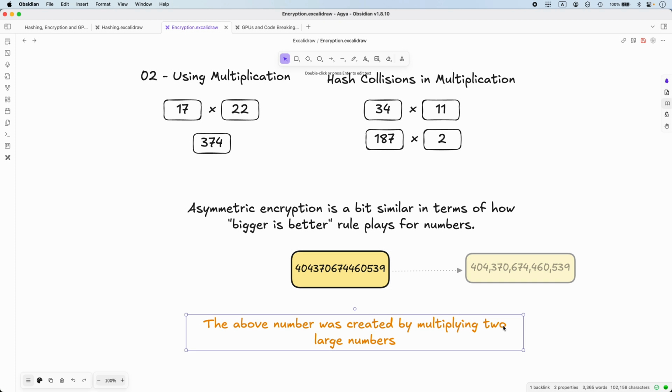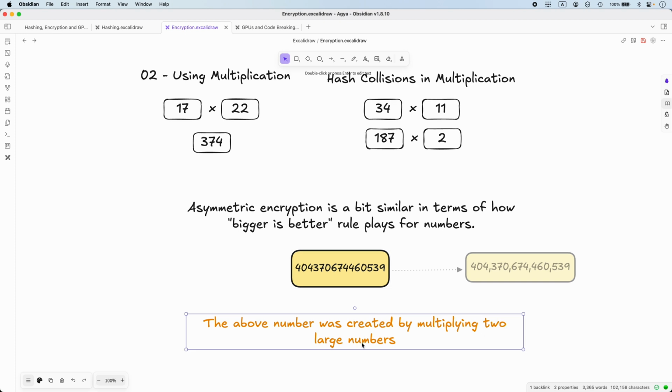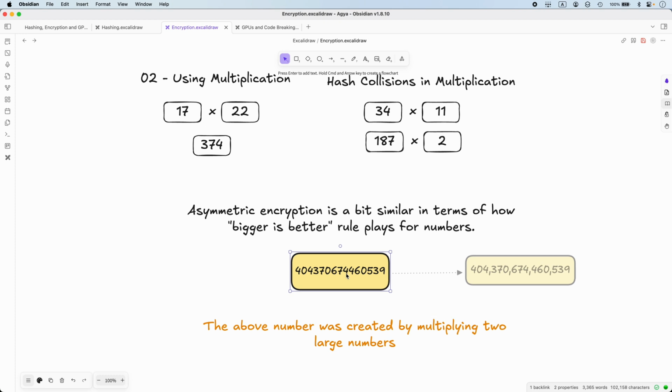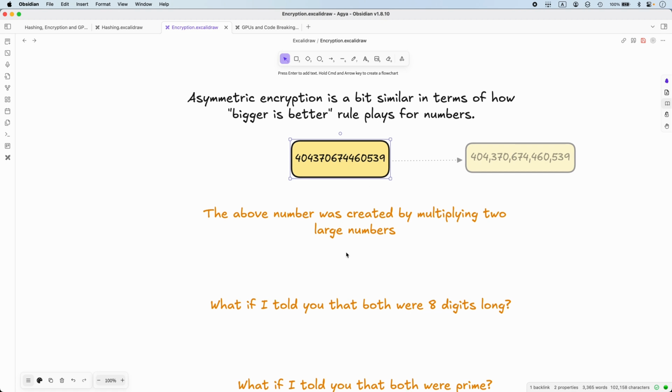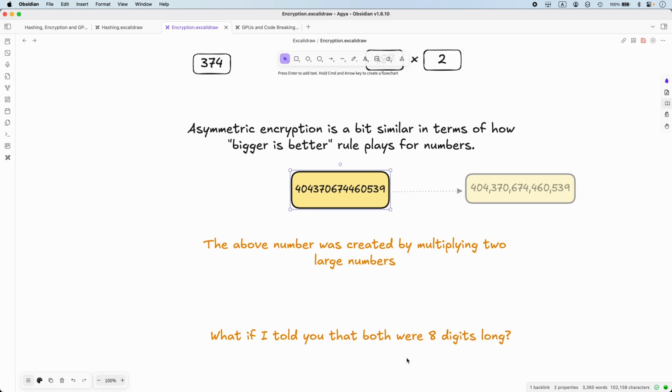It was created by multiplying two large numbers. Can you guess which two large numbers? Very difficult. You can start trying to factorize, and this is where the factorization problem comes in. What if I told you that both were 8 digits long? You still have at least 99999999 tries at most, and if I take an average, it would be something like 50,000,000 tries on average to find the first factor, which will give you the second factor as well, right?